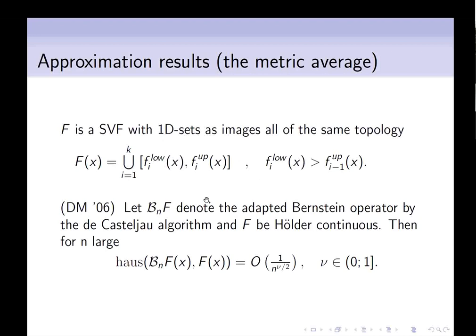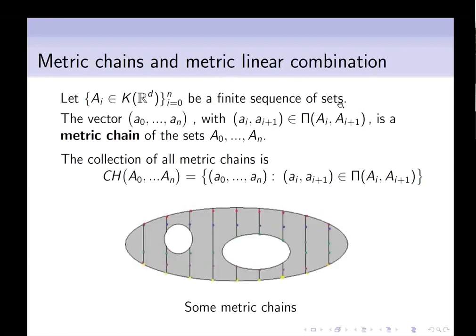This is a very specific case. And for this case, we do have an approximation result. We obtain it again for Hölder continuous multifunctions. Okay, that's the adaptation we constructed, which is based on the metric average.